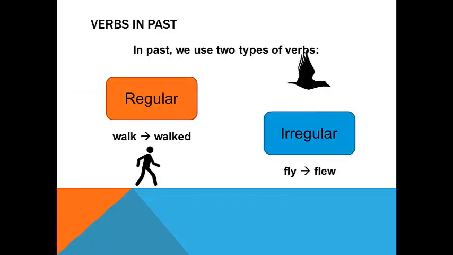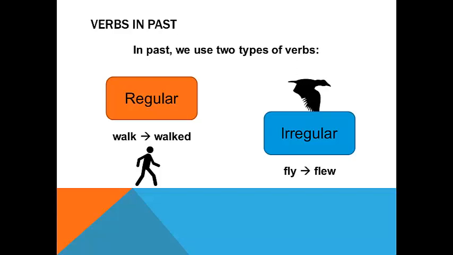When we talk about verbs in past, we have two types of verbs in past. The first one, we have regular verbs, and then we have irregular verbs. What is the difference in relation to this? In the first one, we have regular verbs, all of which end with ed. As you can see, the verb walk, it is in present.